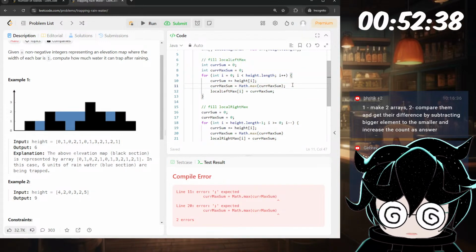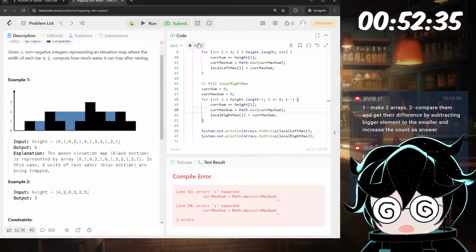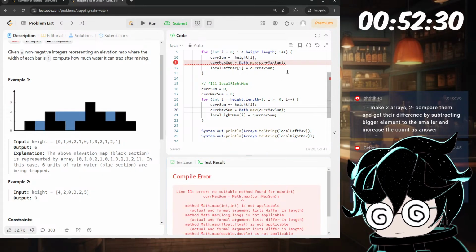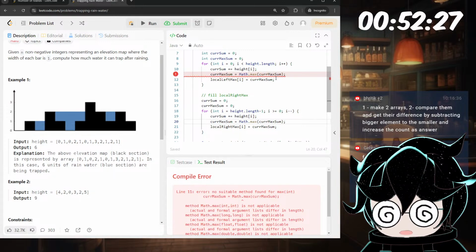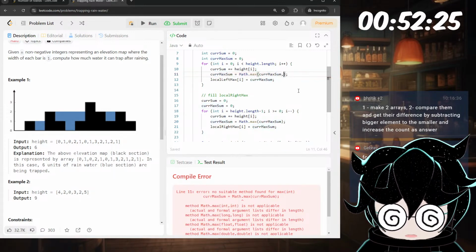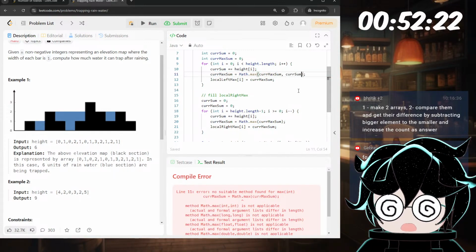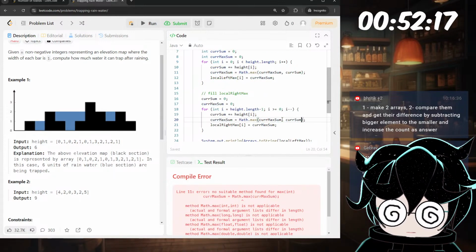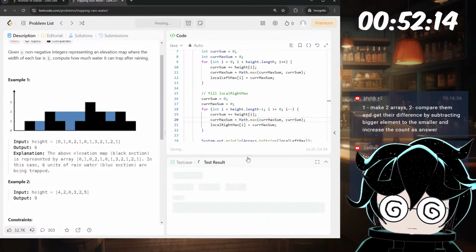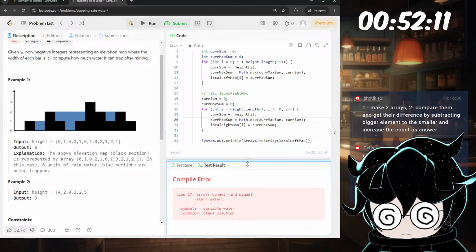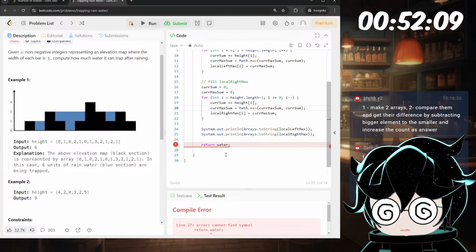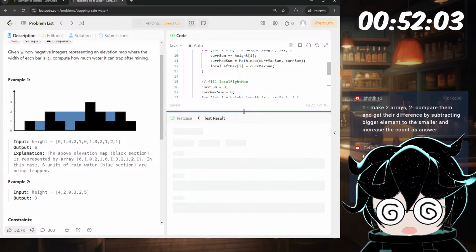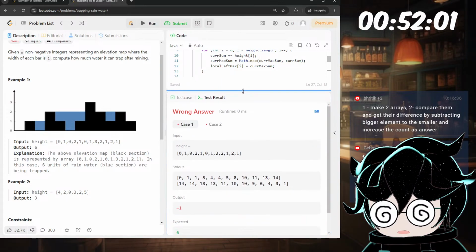Oh, I'm missing a semicolon. Math.max, current max sum as well as the current sum. Okay, run. And let's return -1 for now, just as a bogus value.